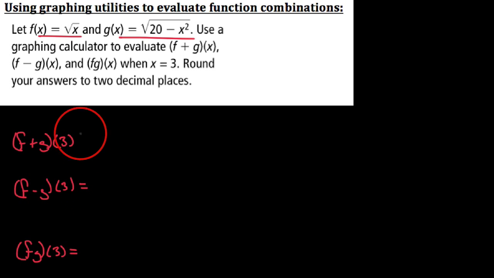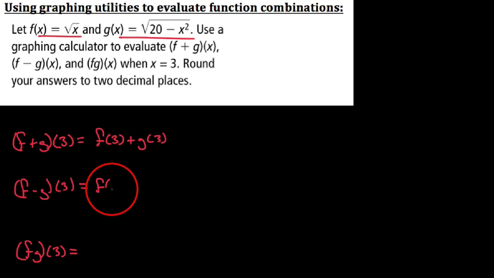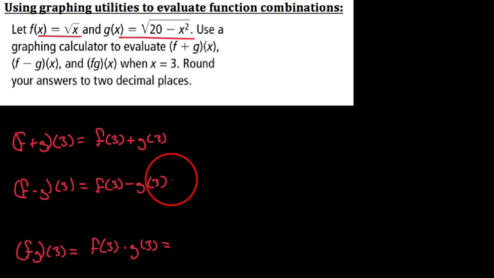The wonderful thing about this is that we just need to recognize that f plus g of 3 is the same thing as f of 3 plus g of 3. Likewise, f minus g of 3 will be f of 3 minus g of 3. And lastly, f times g of 3 would be f of 3 times g of 3.